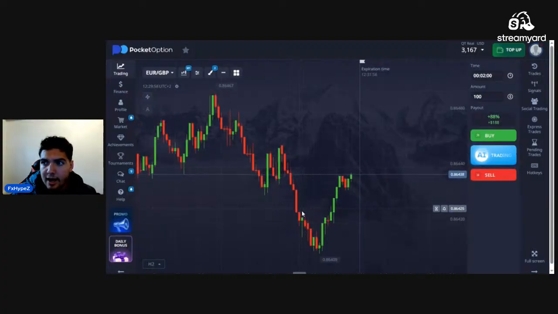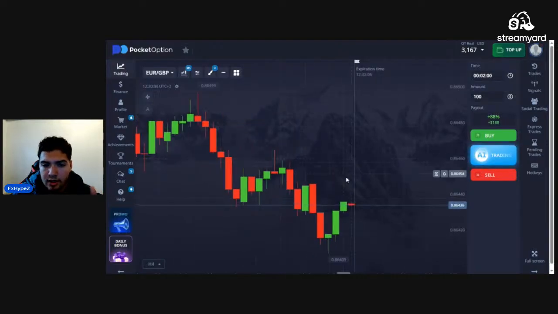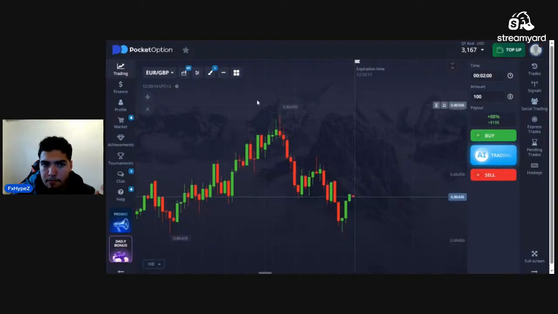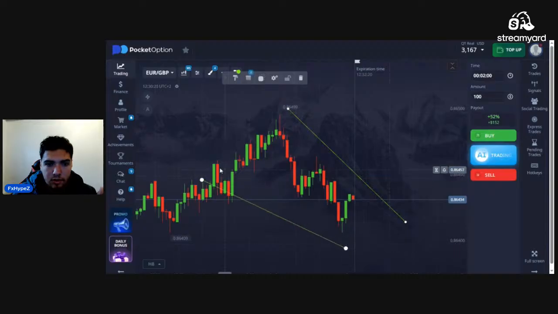Obviously, the AI decided to buy with this swing of bullish momentum we have here. I said I wouldn't have personally bought there, simply because if we take a look here, we've got this downward channel on Euro GBP.